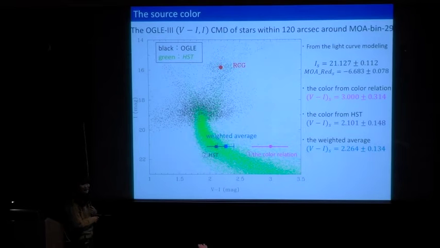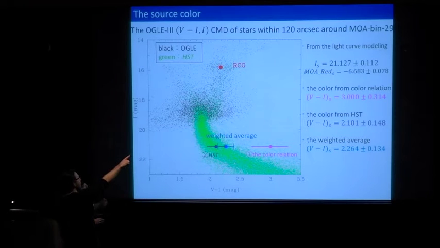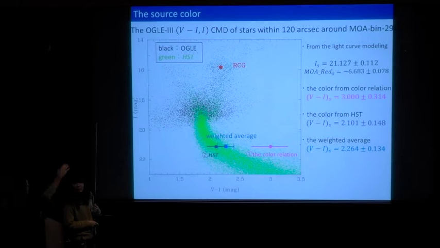Just naively, I would guess it would be lower by half a magnitude or so, and so it would come closer to this HST relation. Anyway, it's just a guess. So the different source fluxes should be put on this diagram. So this number, IS or more RS, should be different for different models. Yes.